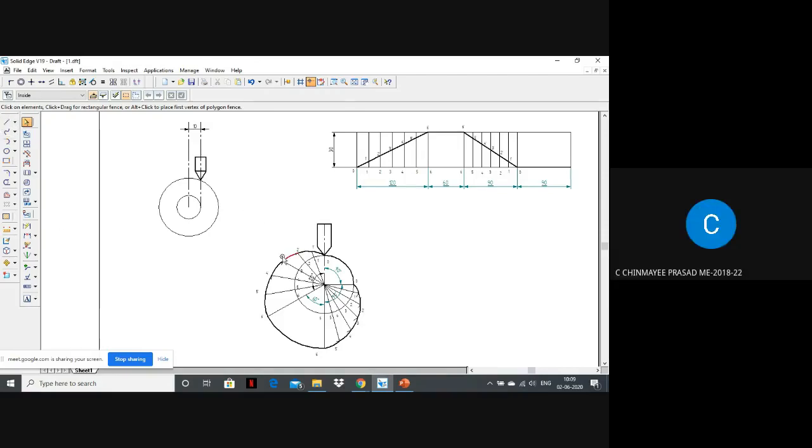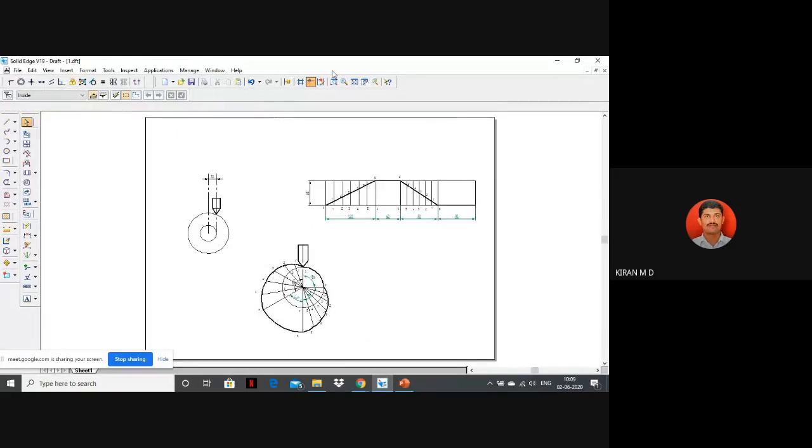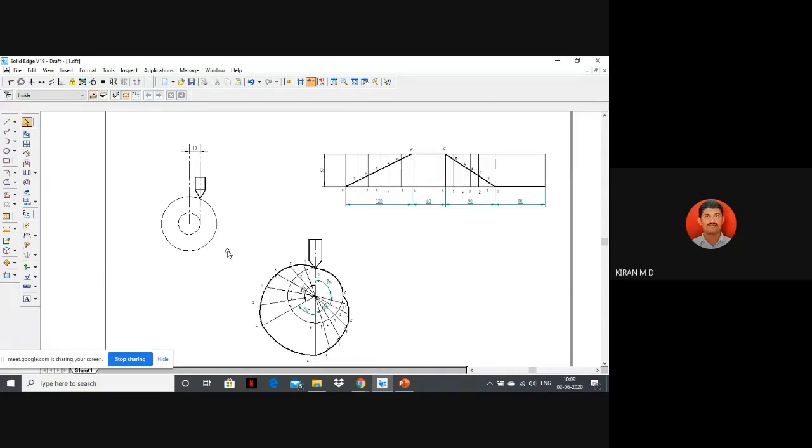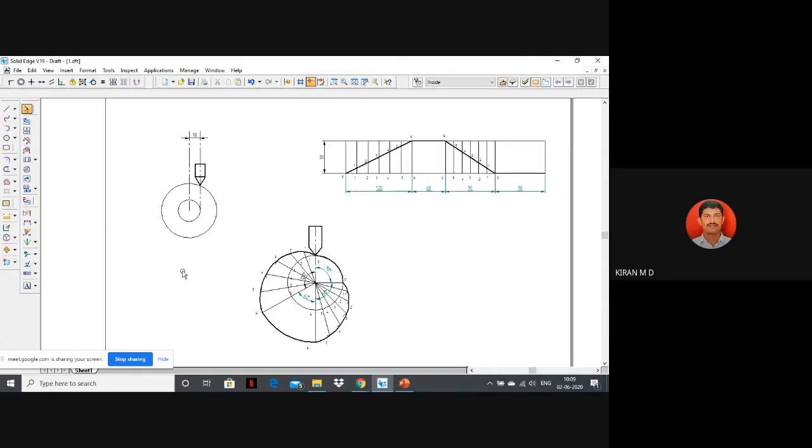Now see here, this is the initial point of the cam in this figure. Now in this figure, this is the initial point. When the cam is rotating for 120, the lift takes place. For that reason, we need to draw one line from this center to this point.